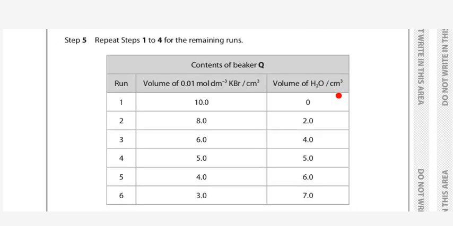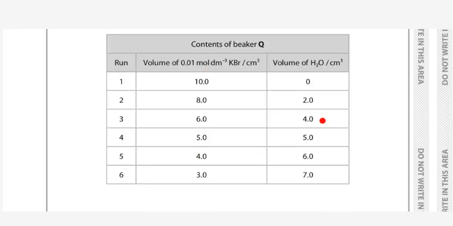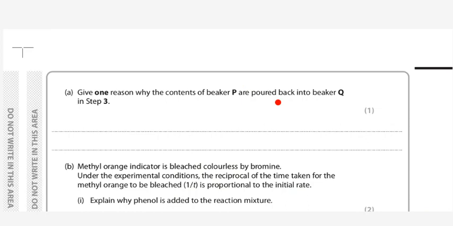Repeat steps 1 to 4 for the remaining runs. So KBr at different concentrations is given. Give one reason why the contents of beaker P are poured back into beaker Q in step 3.